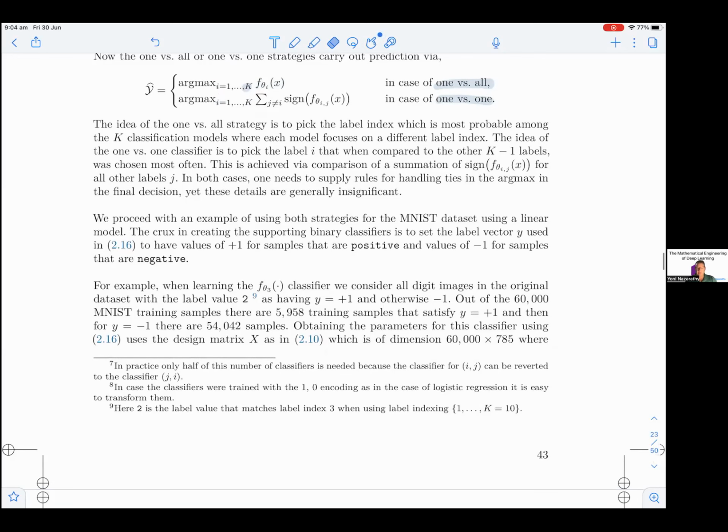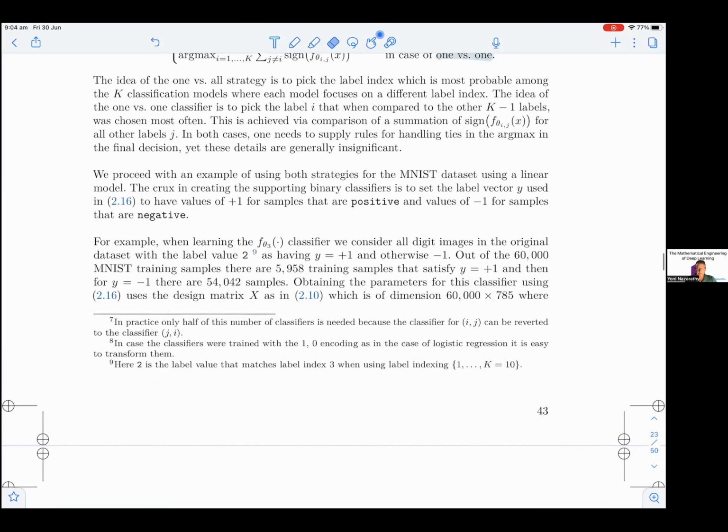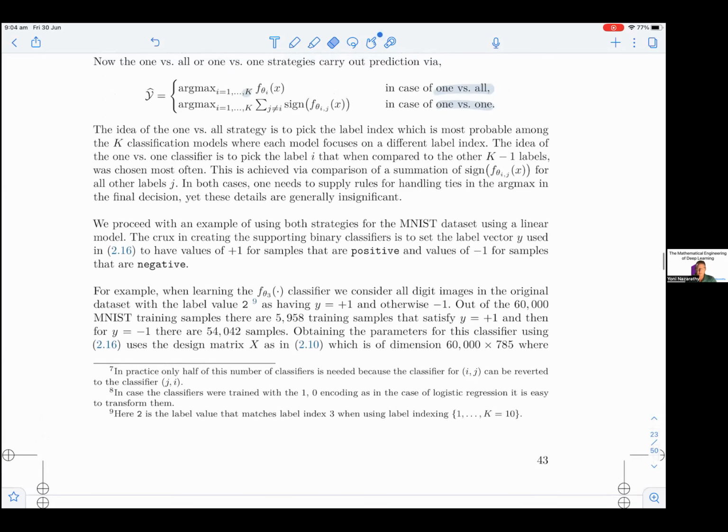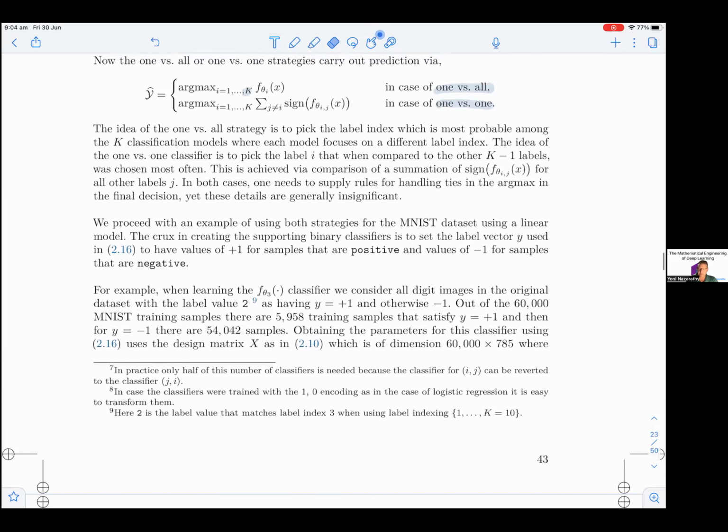The idea of the 1 versus all strategy is to pick the label index which is most probable among the K classification models, where each model focuses on a different label index. Okay, so that was the one versus all. That's this guy.